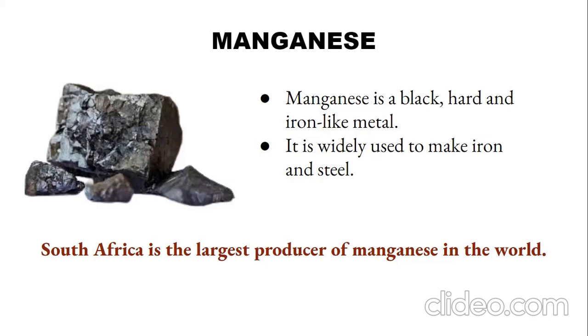These 5 states account for about 90% of the total manganese production in India. I hope you have understood the term manganese. It is basically a ferrous metallic mineral, understood, from which we can make iron and steel.